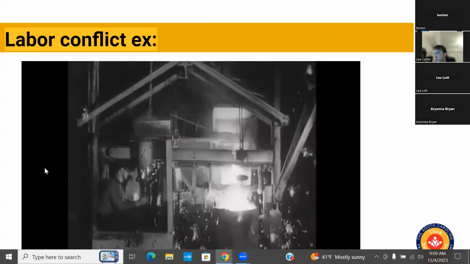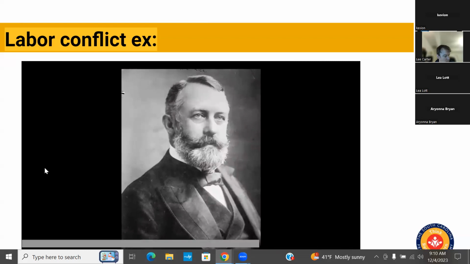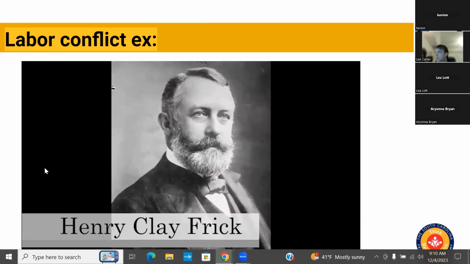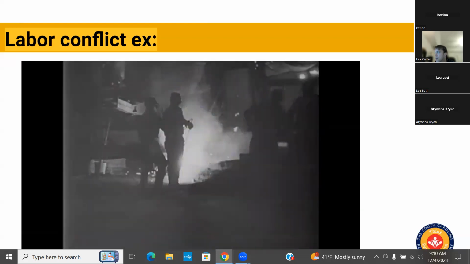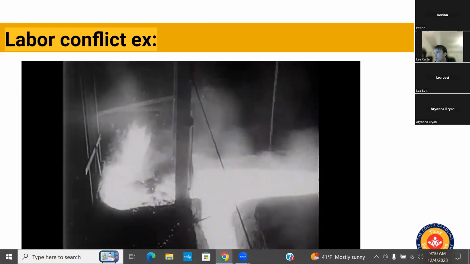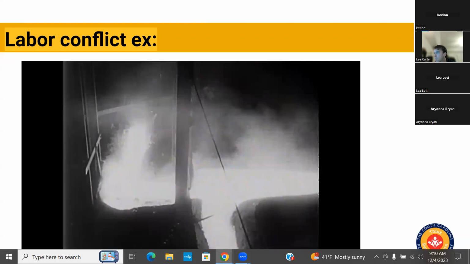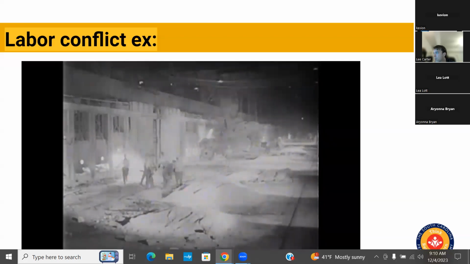When the time came to renew the agreement, Carnegie had instructed his manager, Henry Clay Frick, to break the union and to reorganize the whole affair. Although he was ostensibly in favor of workers' rights to organize, Carnegie thought the terms of the prior agreement were too restrictive and a hindrance to the operation of his business. The price of finished steel was down, so he needed to reduce wages, reduce the number of workers, or both.